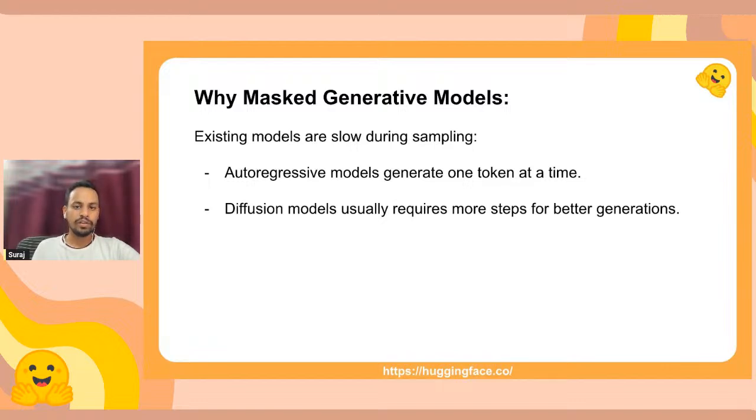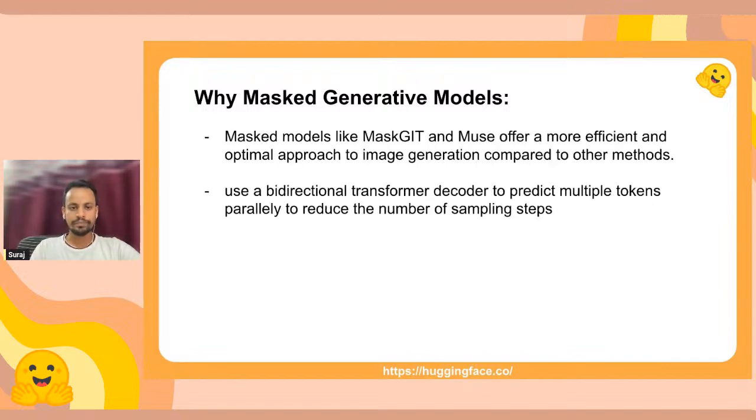If you have an autoregressive model like Dolly Mini or Parti, and you're generating 256 tokens, then you need to run the decoder for 256 forward passes. So the inference cost increases by a lot, and especially if you want to do high resolution generation or video generation, that becomes a bottleneck.